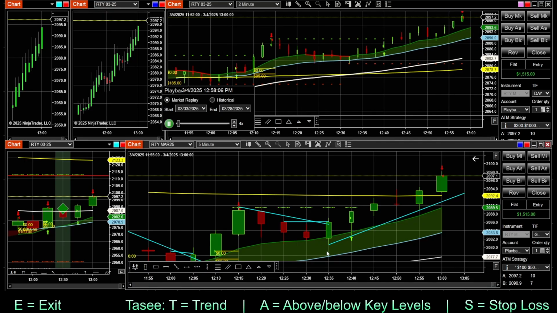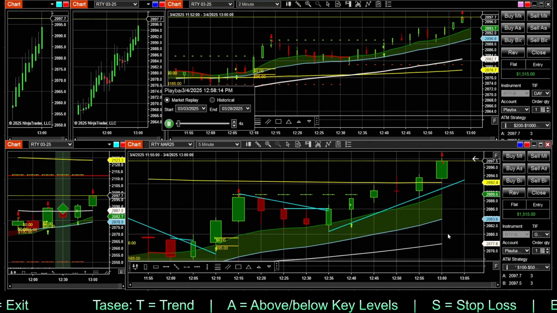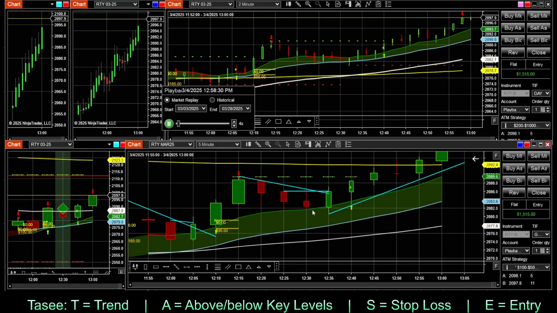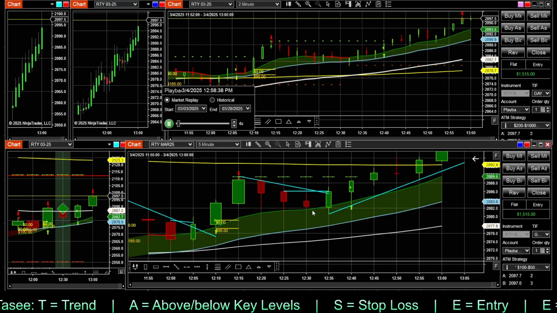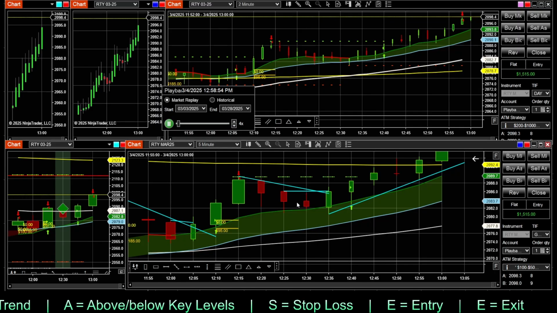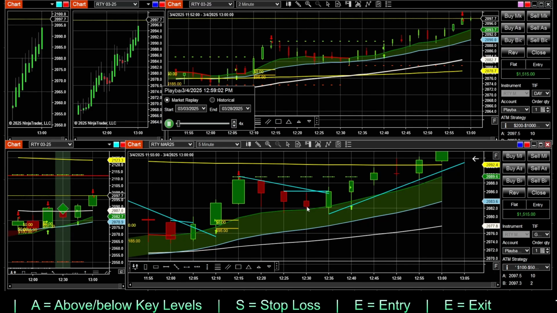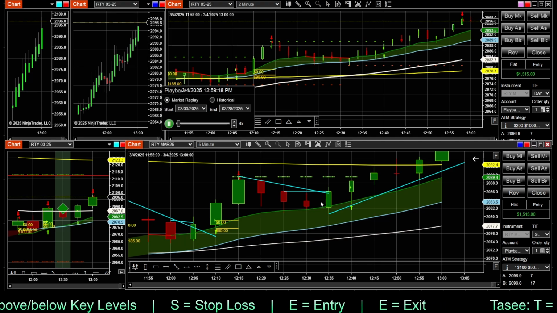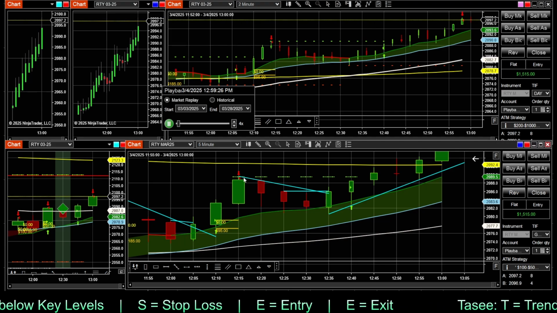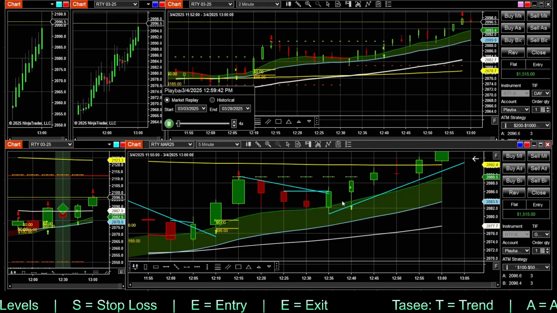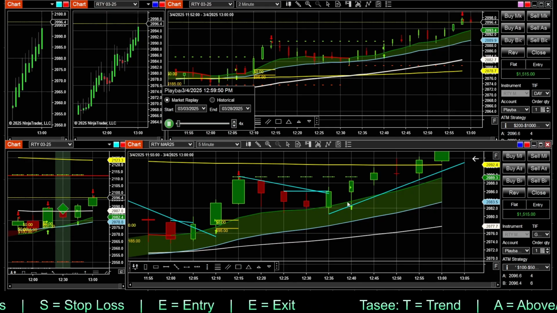Price is above the previous red candle that tapped down. I do not advise entering up in the air, or I advise waiting for that color change, tap down, and then entering. And so if we drew our trend line here like this, we want our price to be above there.